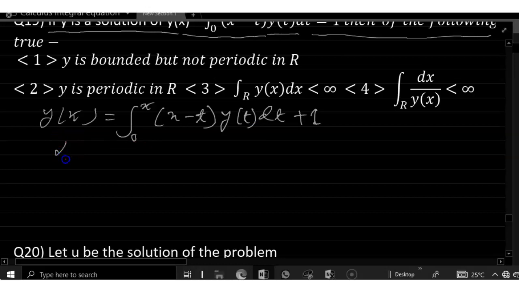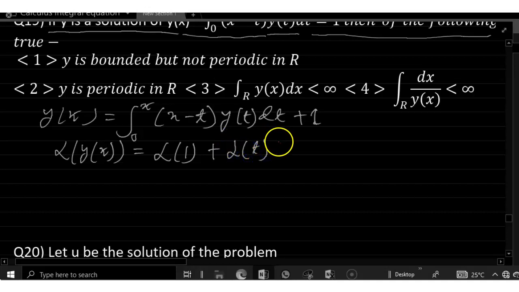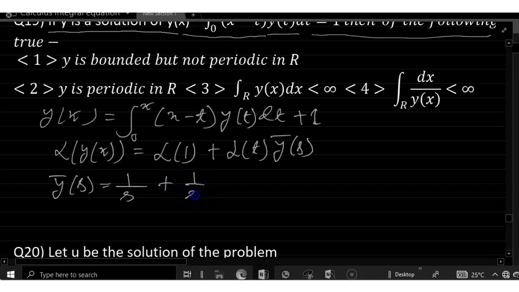Apply Laplace on both sides. So L of y(x) plus L of t convolved with y gives y bar equals 1 by s plus 1 by s square times y bar(s).